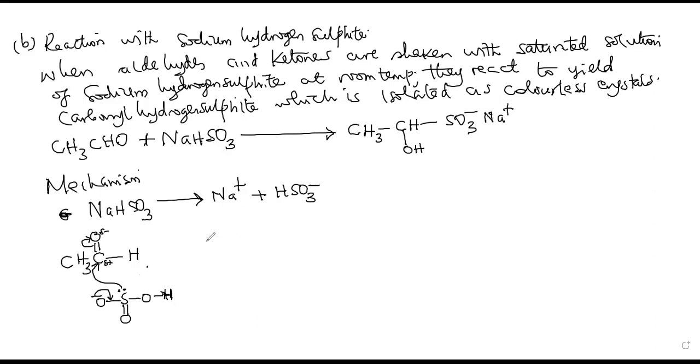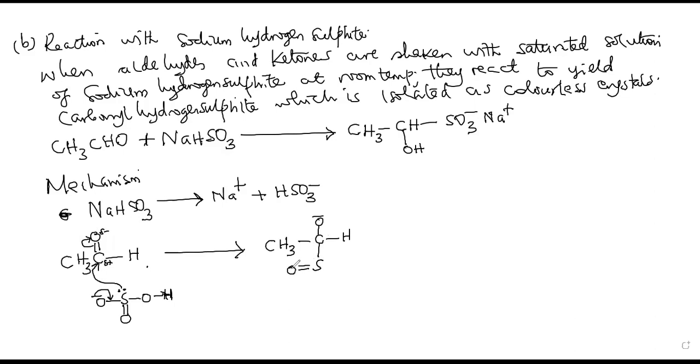So in this case, we shall have CH3, CH with the O minus, because electrons have been gained, so it gains a negative charge. Then here, since the sulfur came on carbon, we shall have sulfur, double bond here because a bond came here.